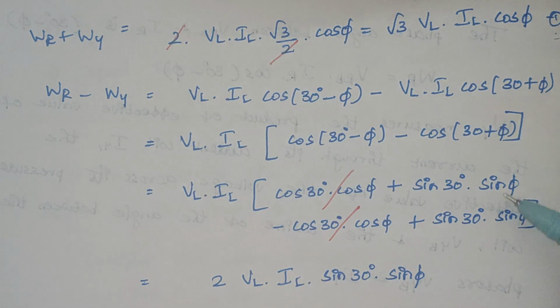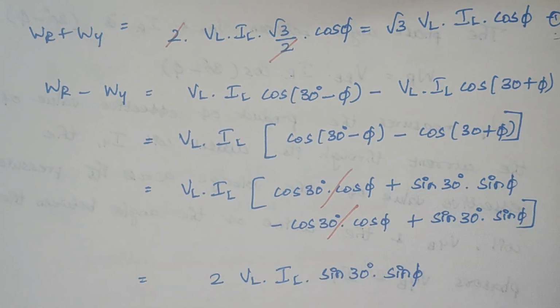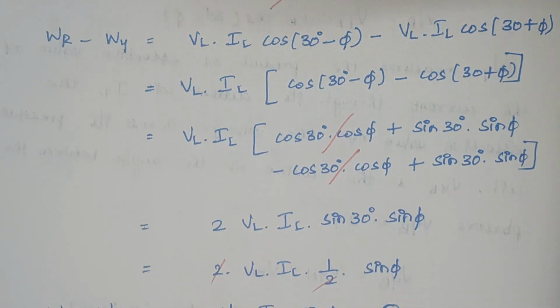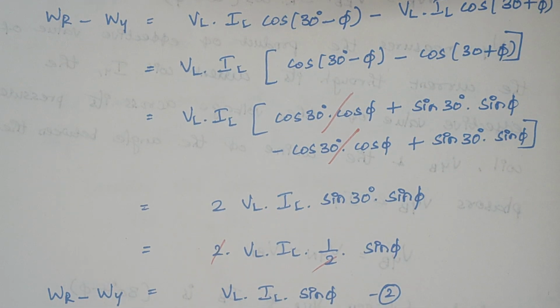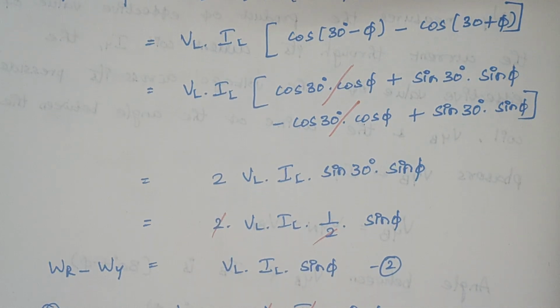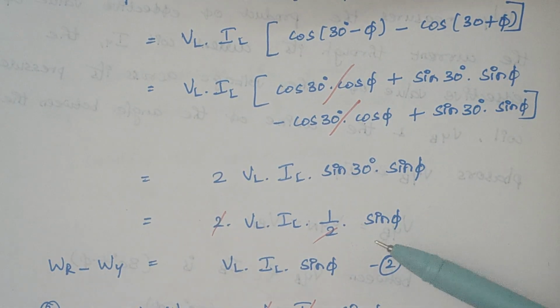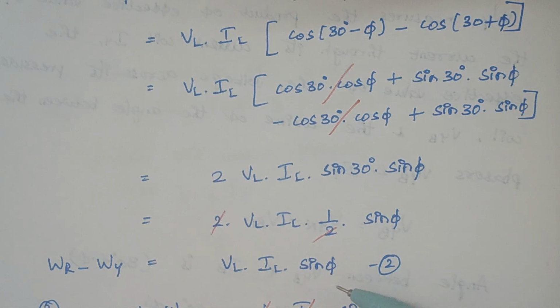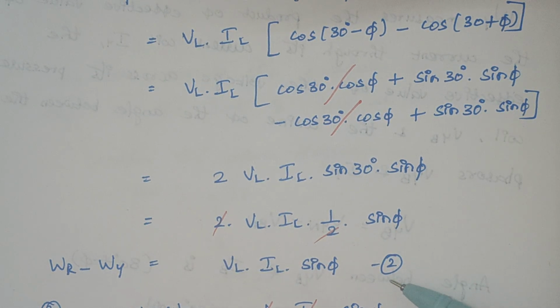We get 2 sin 30 sin phi multiplied by VLIL. What is the value of sin 30? It is 1 by 2. When you substitute, these two terms cancel each other and finally we have VLIL sin phi. Name it as equation number 2.